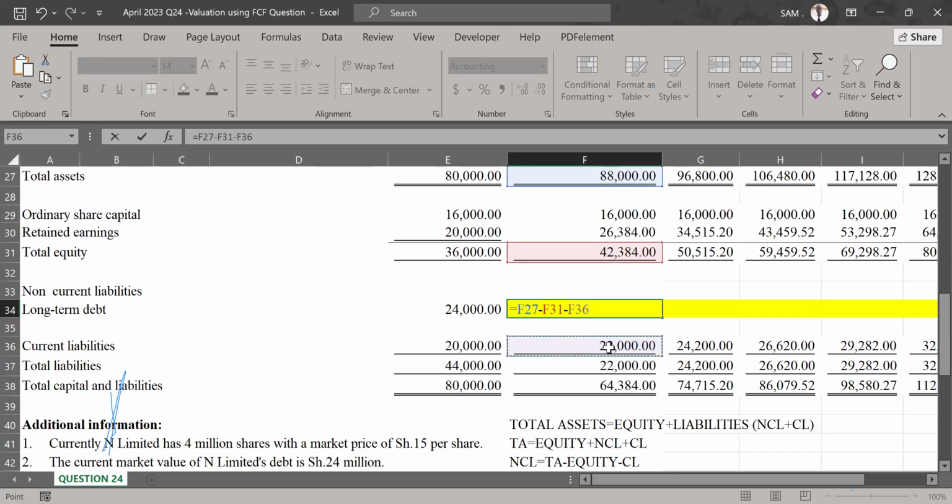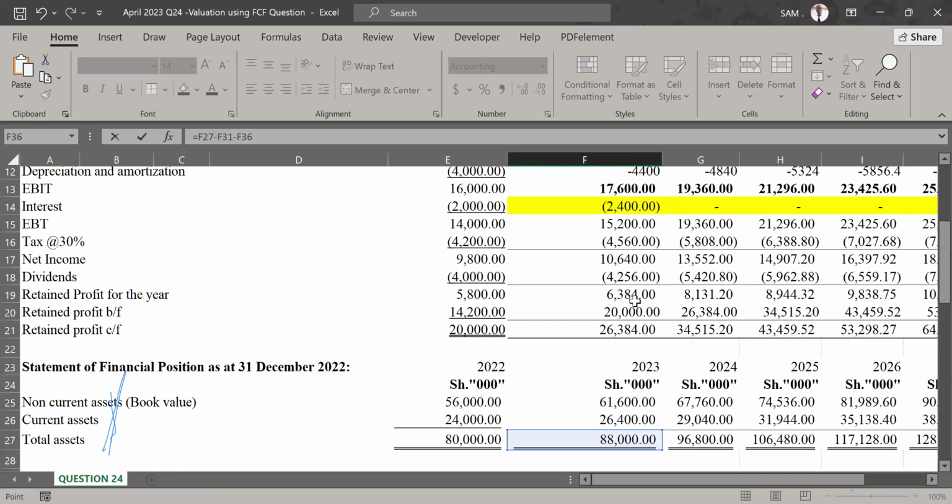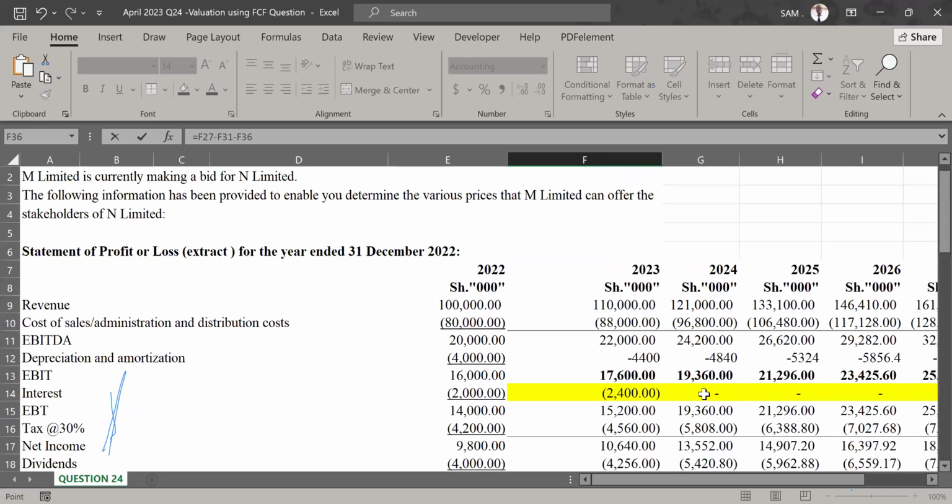I've not confirmed, but I want you to know what we expect. When I hit enter to get my computation, my answer here of the long-term debt in 2023, what do you expect? You expect a value of interest in 2024. I believe we all get it. There will be a value here.